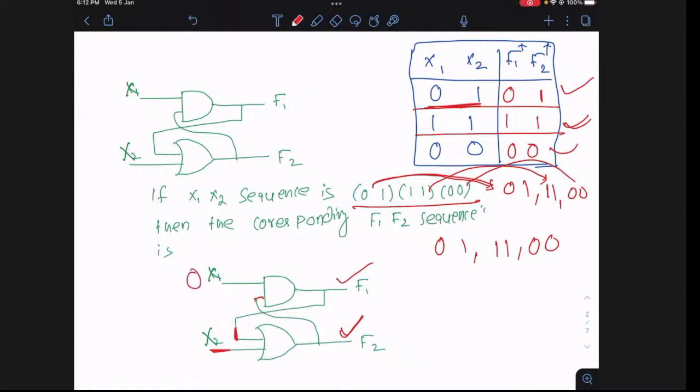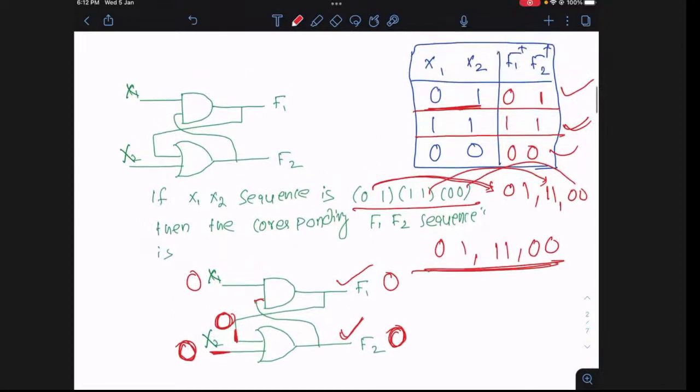If I'm giving this as 0 and this as 0, then if this is 0, irrespective of this, the corresponding output is 0. Now, if this is 0, this is also 0, right? And if 0 and 0 is the input to the OR gate, the corresponding output is 0. So from where will 1 come? It is 0 only. So 0, 1 followed by 1, 1 followed by 0, 0 is the right answer. This is the only question I have taken from the latch.